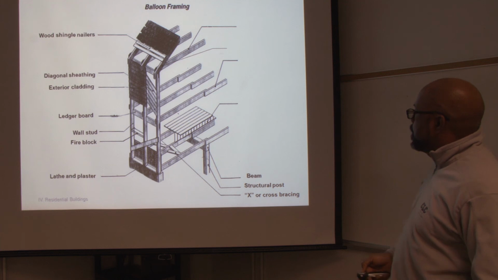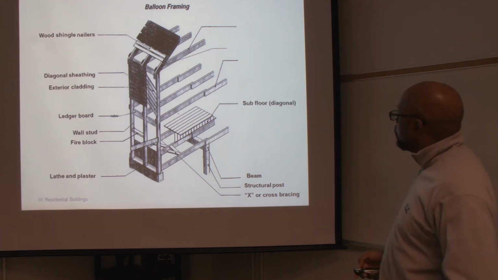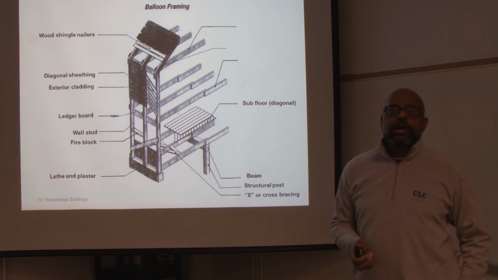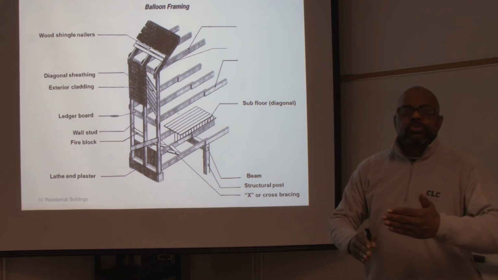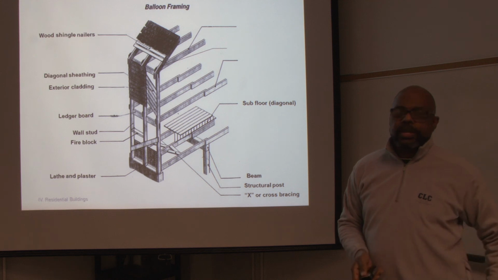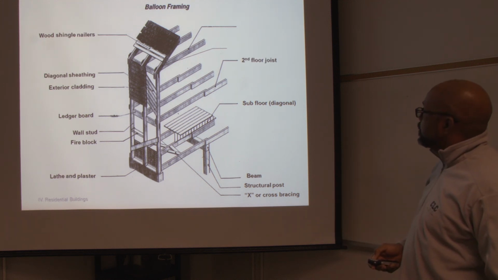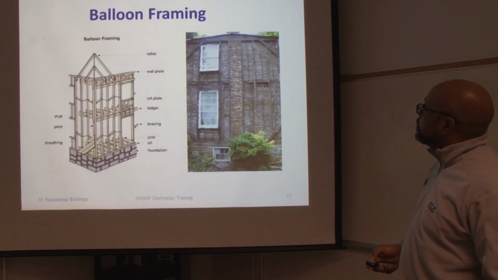They would use a beam to support the floors. Use subflooring. It will go diagonally, the reason being so the seams do not match up, to give it more stability. Of course, the second floor joists, roof rafters, ceiling joists.